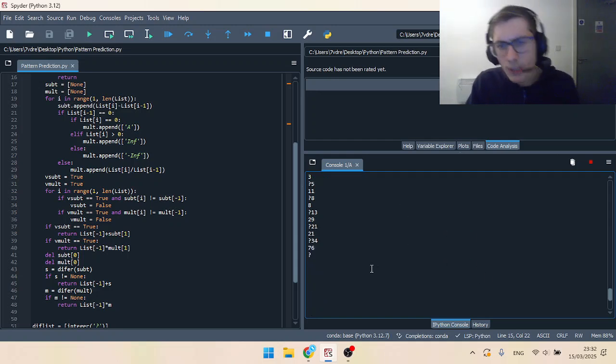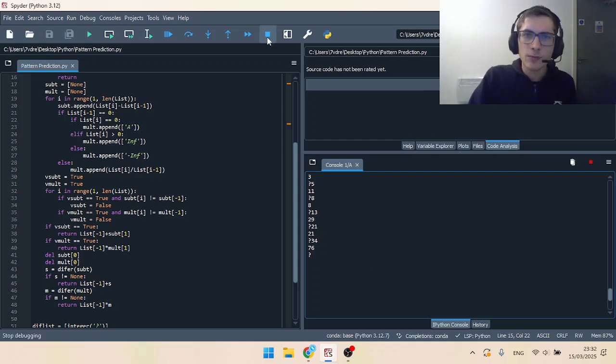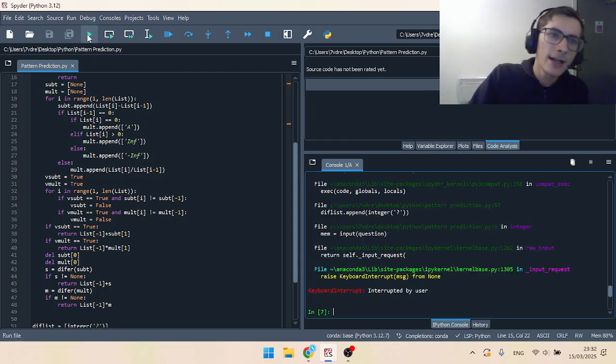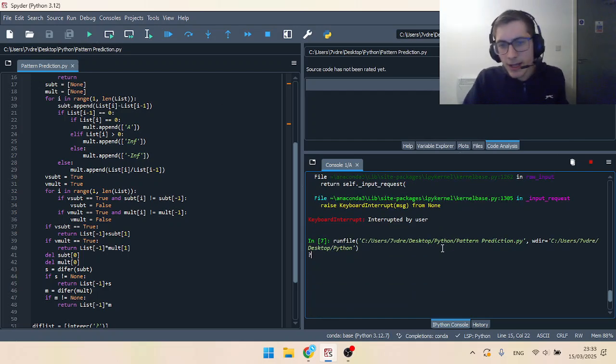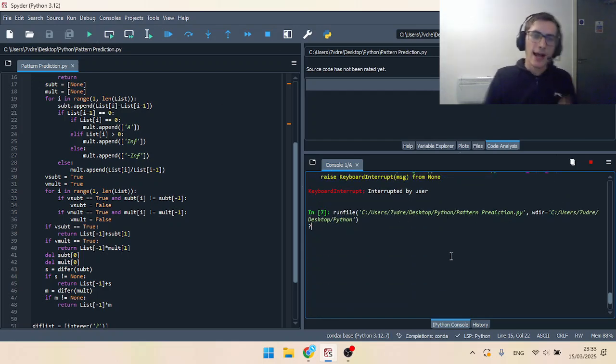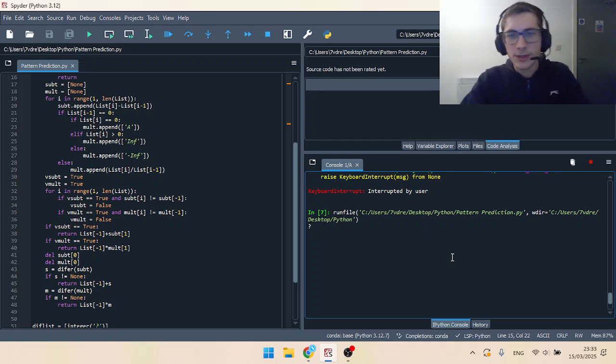So we've shown that the Fibonacci sequence doesn't work. As a last try, let's try something that no one has found the pattern of, something that we're not going to find the pattern of. Let's just test that and see what happens with the program.